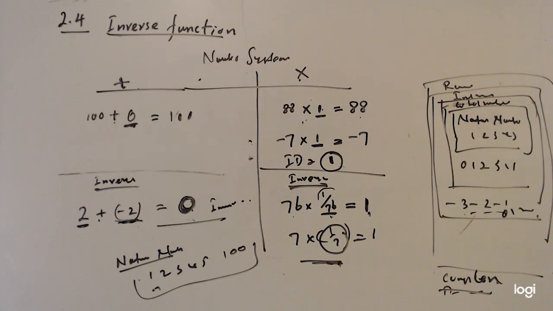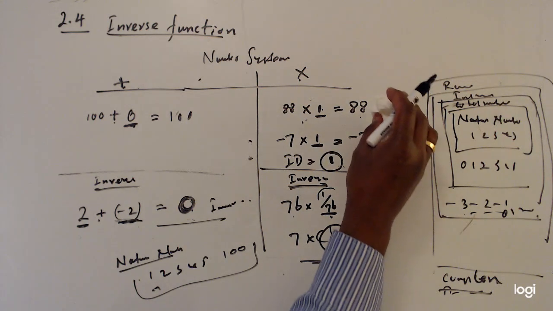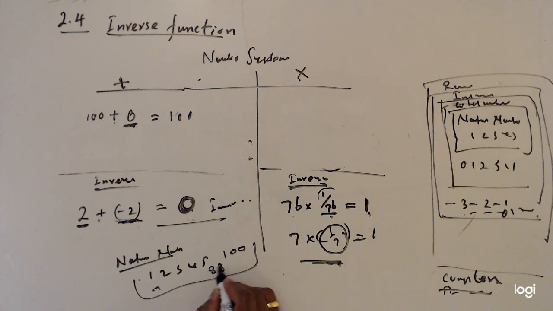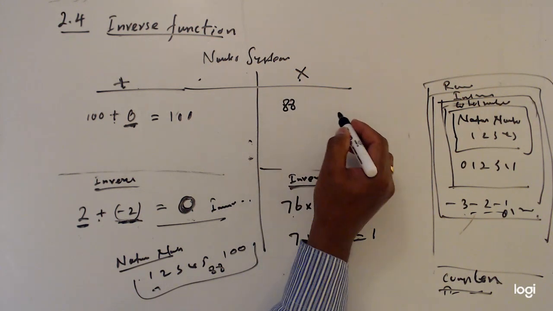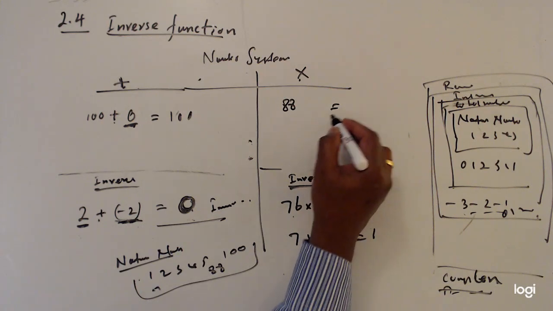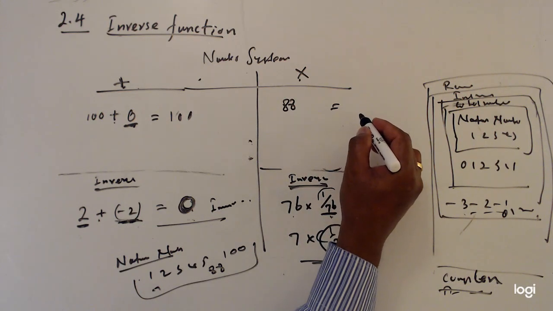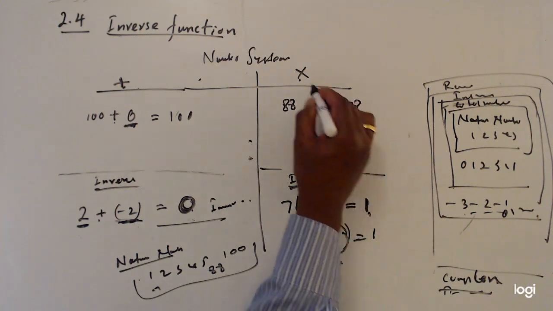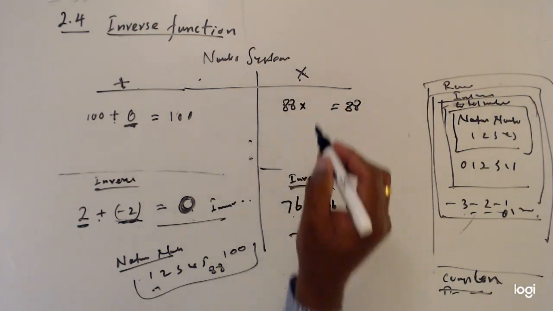How about the multiplication? Is 88 an element of this set? Yes, 88 is a natural number. Can I get 88 by using this operation?